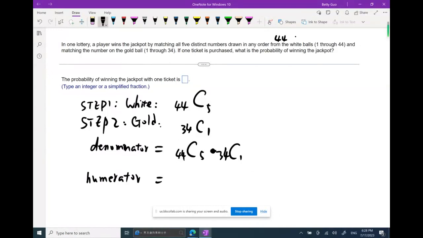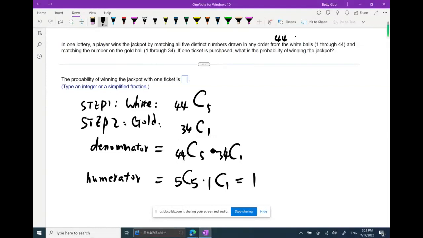In order to get a jackpot, the 5 numbers you pick have to be exactly the same as the 5 numbers on the white balls, and the 1 number you pick has to match the 1 number on the gold ball. That's how we know the numerator is going to be 1, because C(5,5) is 1, C(1,1) is 1.